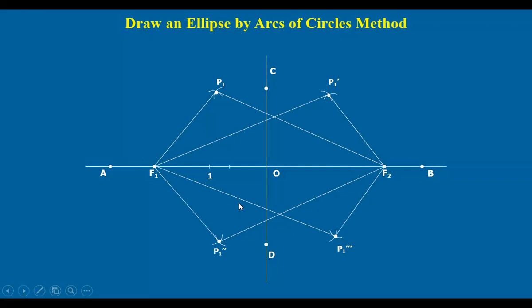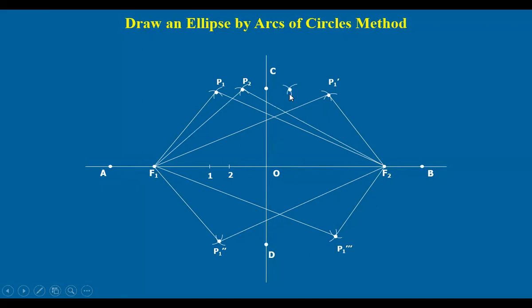Similarly, you can take any number of points. Suppose I take 2. A2 as radius, F1 as center, draw an arc. 2B as radius, F2 as center, another arc. You get one point. Similarly, with A2 as radius, F2 as center, and 2B as radius, F1 as center, you draw arcs.